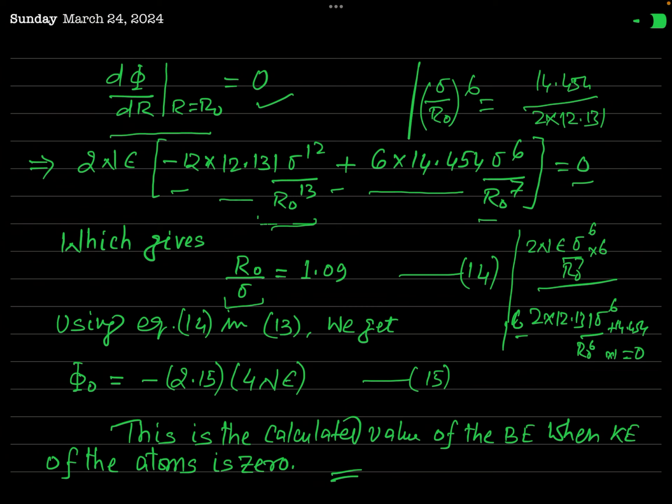So after making this calculation, it is found that R naught over σ is equal to 1.09.